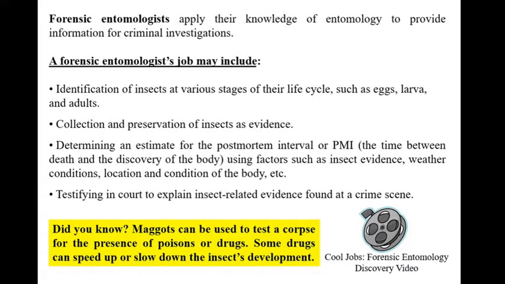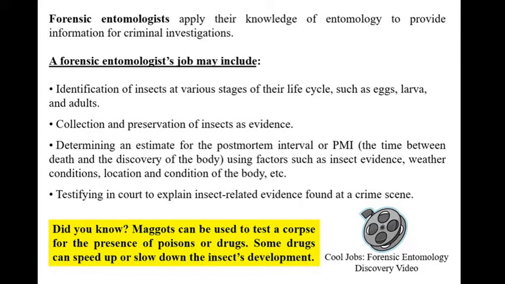Based upon the available evidence or sample, the forensic entomologist has to identify the type of insects. Next, he has to collect that insect sample, or its egg or larval samples. Then he has to preserve that sample and transfer it to the lab.